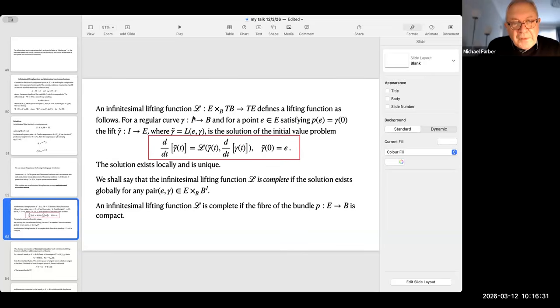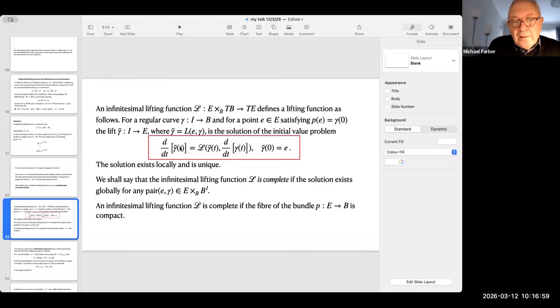So once we have this infinitesimal lifting function, then for every regular curve, we can look at this ODE, an ordinary differential equation. So we take this curve gamma tilde. Gamma tilde will be the solution of this differential equation.